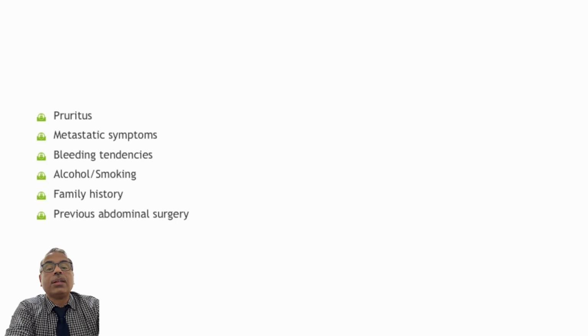One, it irritates the somatic nerve endings, leading to intense itching. Secondly, the presence of bile salts within the dermis also activates the mast cells. These mast cells secrete histamine, and this histamine is one of the important mediators of the intense pruritus seen in these patients.